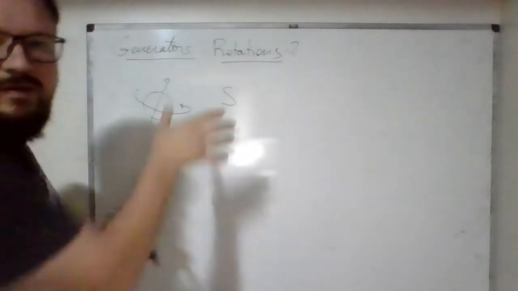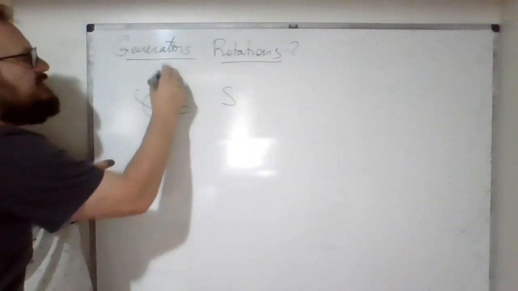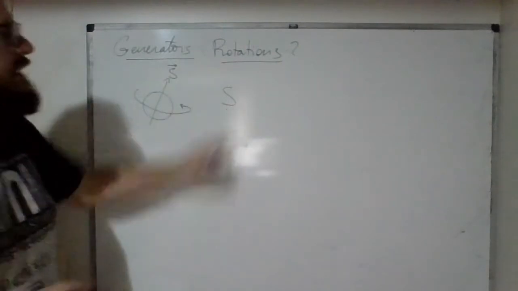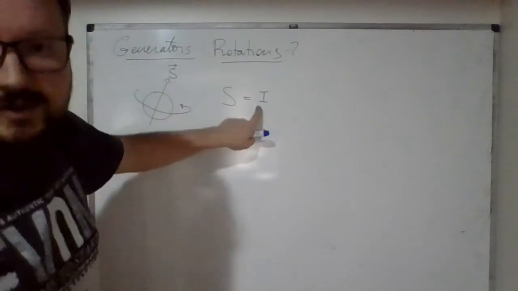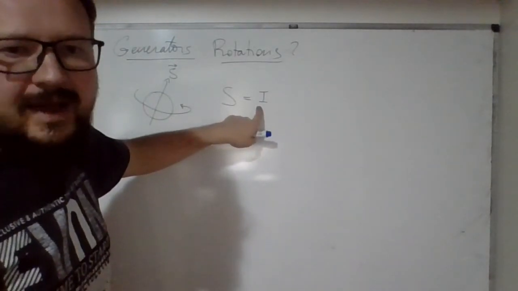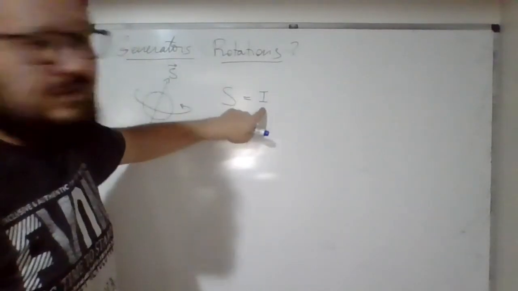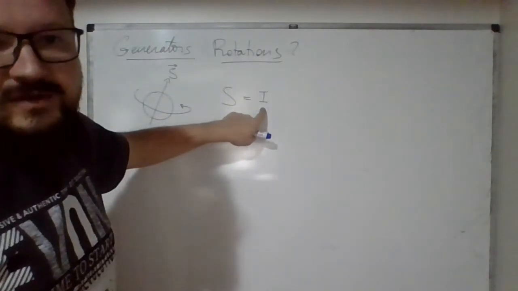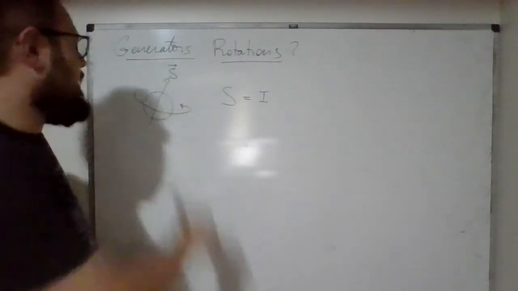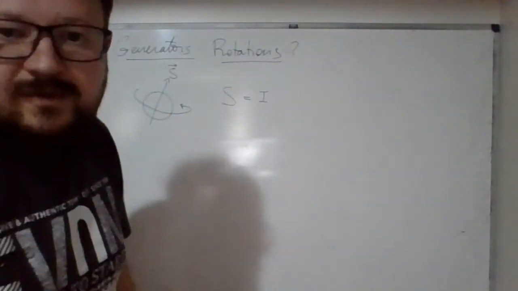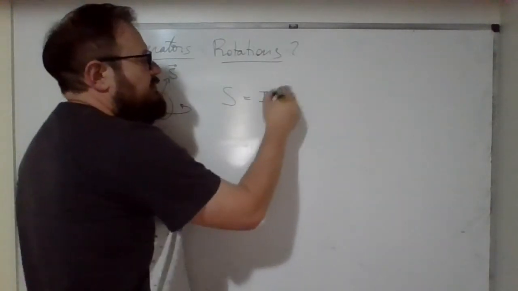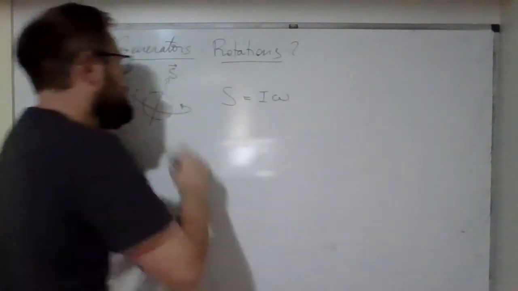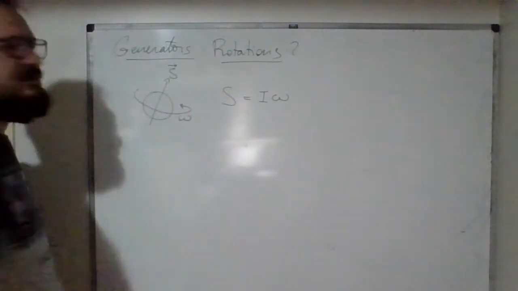This is the axis of rotation, some S here, and the modulus is proportional to a quantity usually denoted by capital I, called the moment of inertia of the object. I don't remember the formula for a sphere, but you can find it elsewhere. And it is proportional to omega, the frequency of rotation of the object.